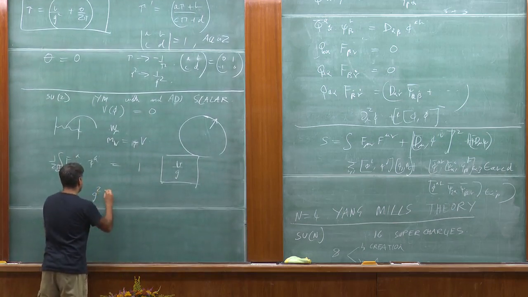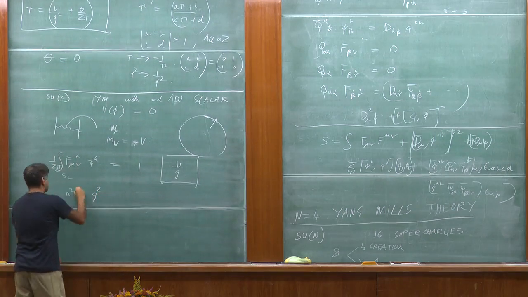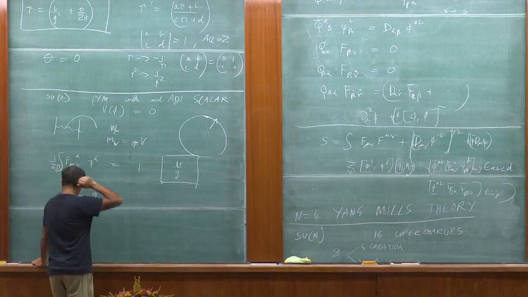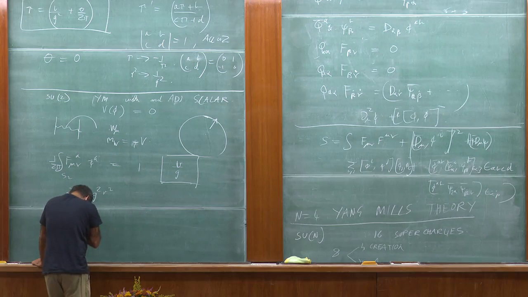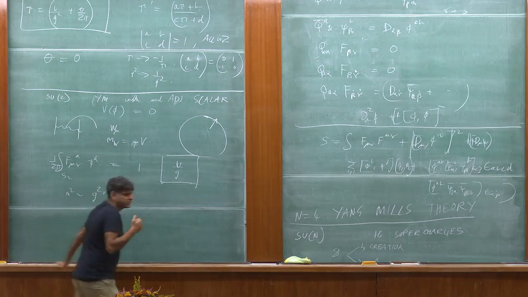Is g square, m square is equal to this. m square is g square v square, right? And strange. Yeah, give me a minute.